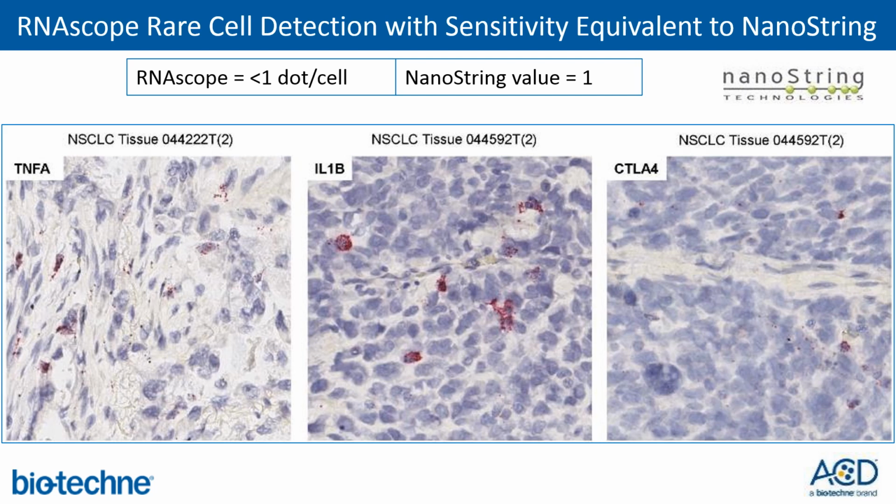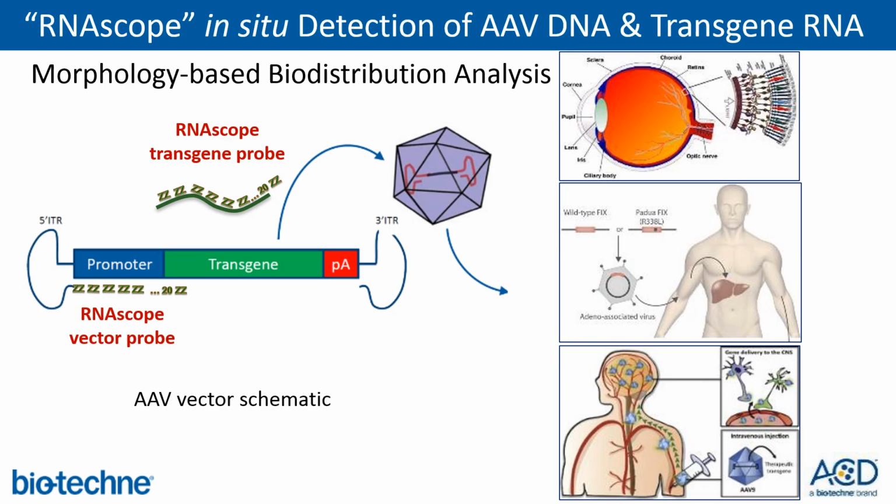So the benefit of having a visual assay for these markers, or for instance for AAV vectors or AAV transgenes, being able to identify the number of cells that are expressing a marker and then measuring expression within those cells is the information that comes from in situ analysis as compared to extraction-based methodology.